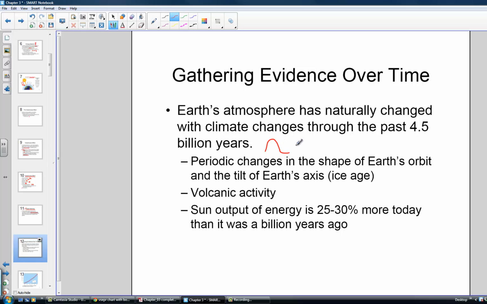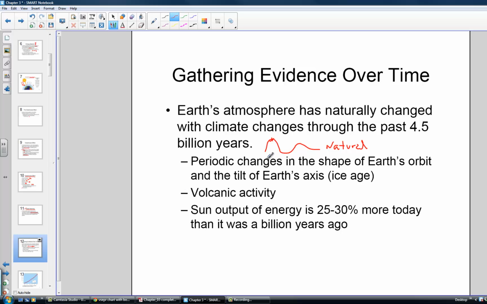There's a natural cyclic process where we have high levels and low levels, high levels and low levels. This is not argued: there is a natural process due to volcanic action or weather patterns that bring a high level of gases that are considered greenhouse gases and then lower levels.